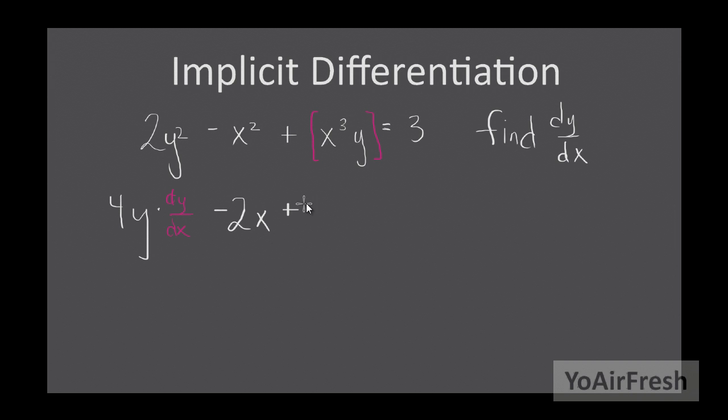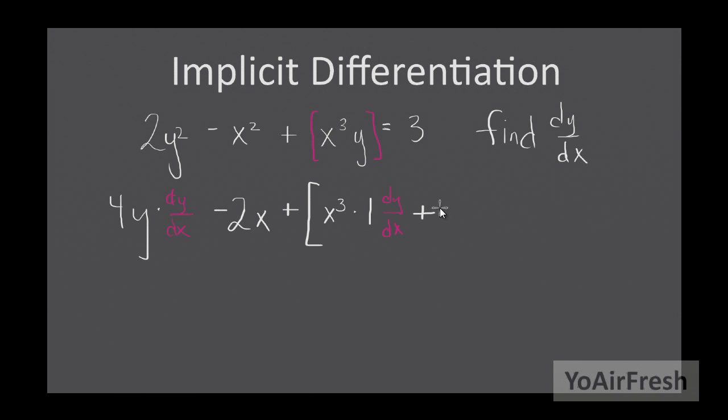Then plus, and remember we have to use the product rule to solve this. So first term times the derivative of the second plus the second term times the derivative of the first. So we've got x cubed times the derivative of y, which is 1. But again, and I cannot stress this enough, you have to attach the dy dx when you are taking the derivative of y.